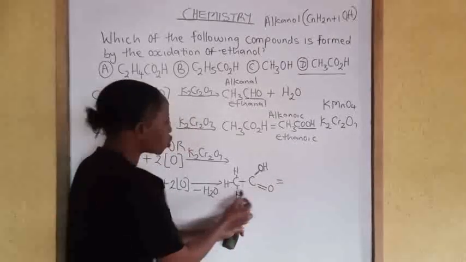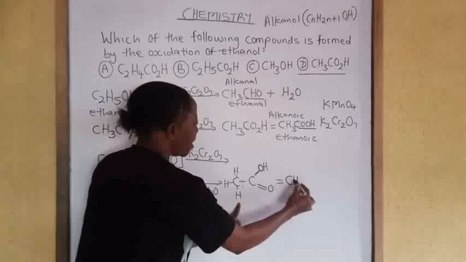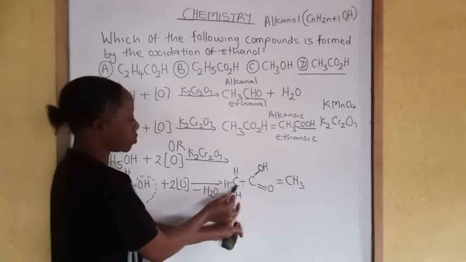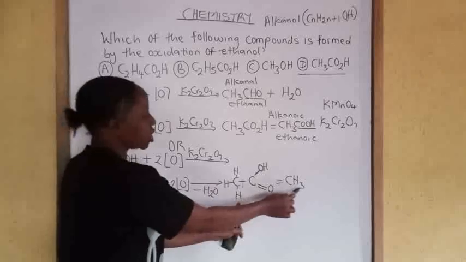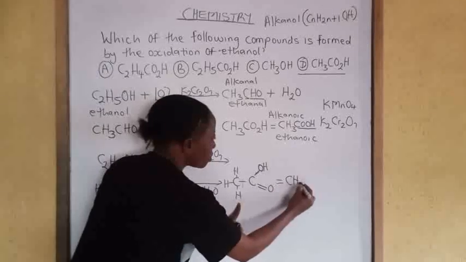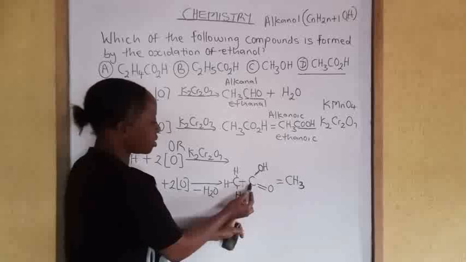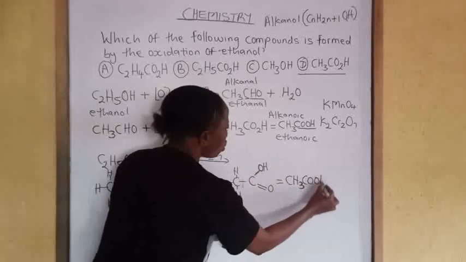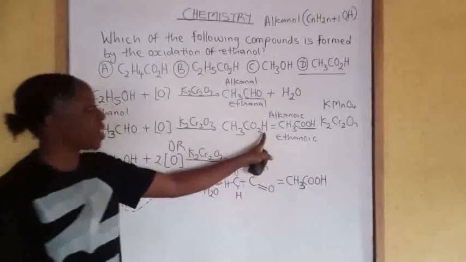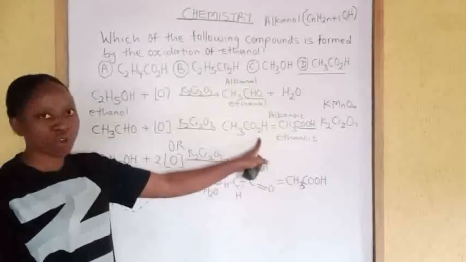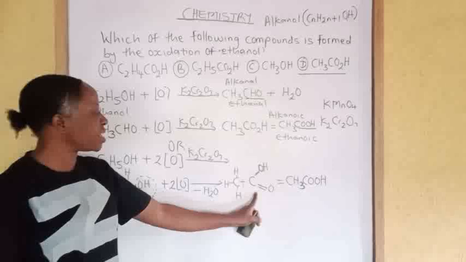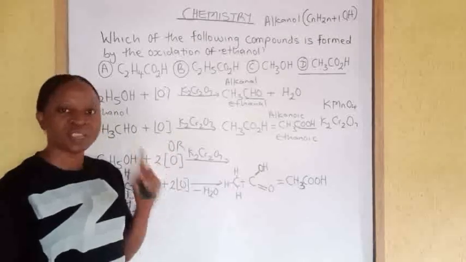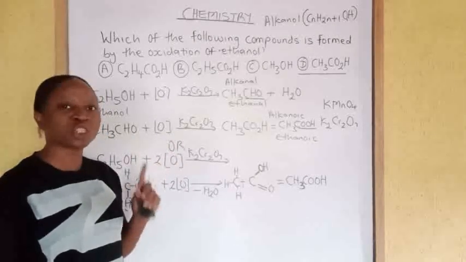Our structure can also be written as CH3, that is a carbon atom with 3 hydrogen atoms, followed by COOH, which is equivalent to our final product here. So you can do it this way if you are looking for the complete oxidation of ethanol.